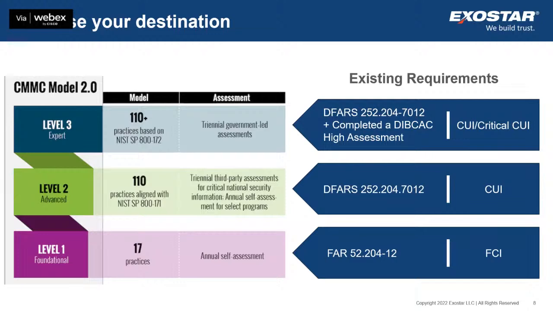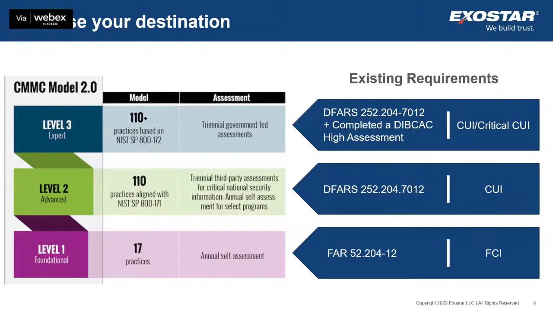These are 17 practices that you have to have in place. These are a subset of those 110 you need to have in place as part of level 2 or level 3. But again, these are common best practices to protect information, and the type of information you handle as part of this is that FCI, federal contract information.